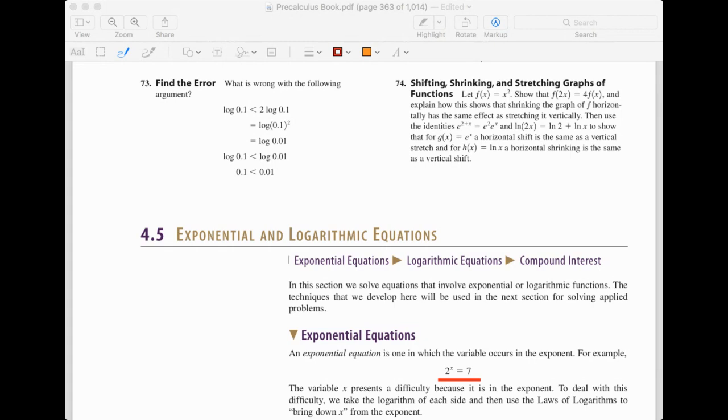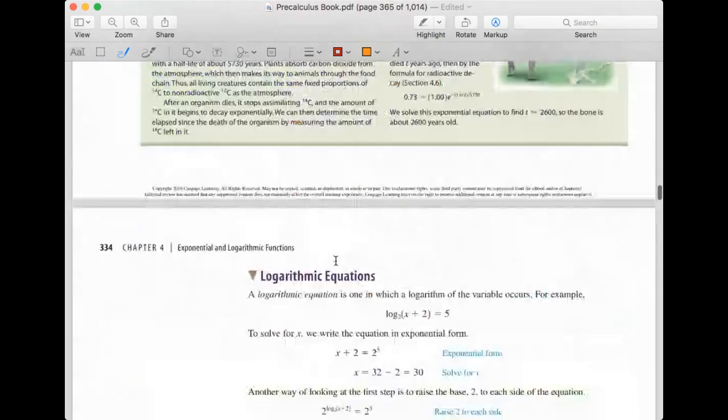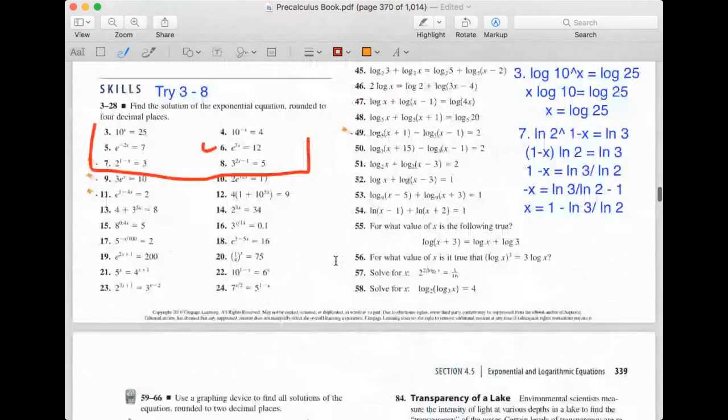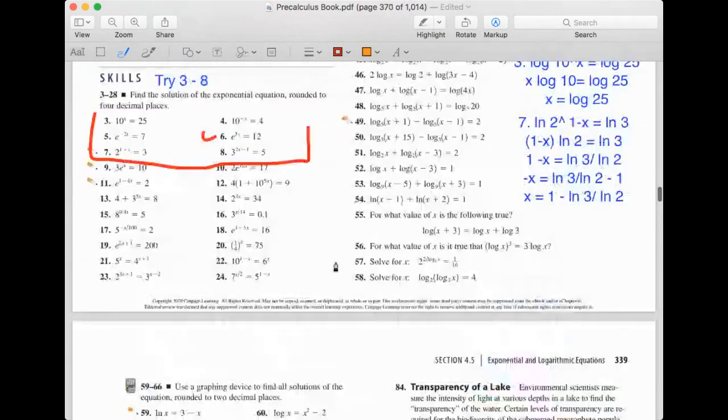Then 4.5, I'm going to choose 4.5. We only finished half of it, solving exponential equations. So I'm going to leave your work only for solving exponential equations.